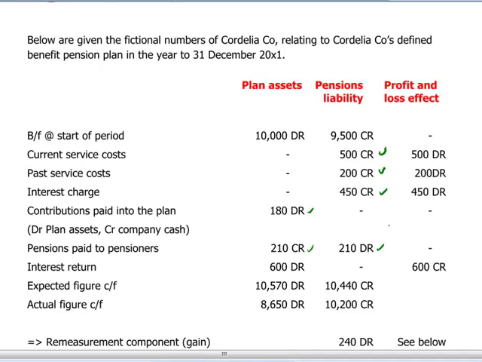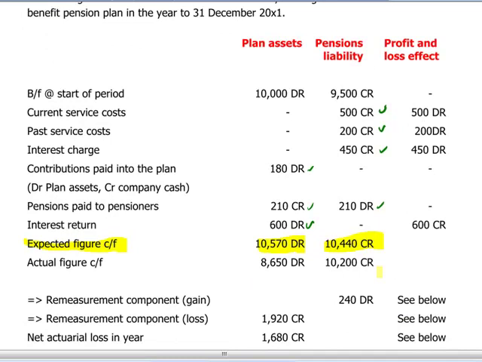Interest return is again part of the net interest component. One more year has passed and the plan assets have earned income, and if we add them up, the expected carry forward figure for the plan can be easily calculated. The actual figure, which will be given to you in the exam, will help us calculate the remeasurement component, the actuarial gains and losses that we did not expect.